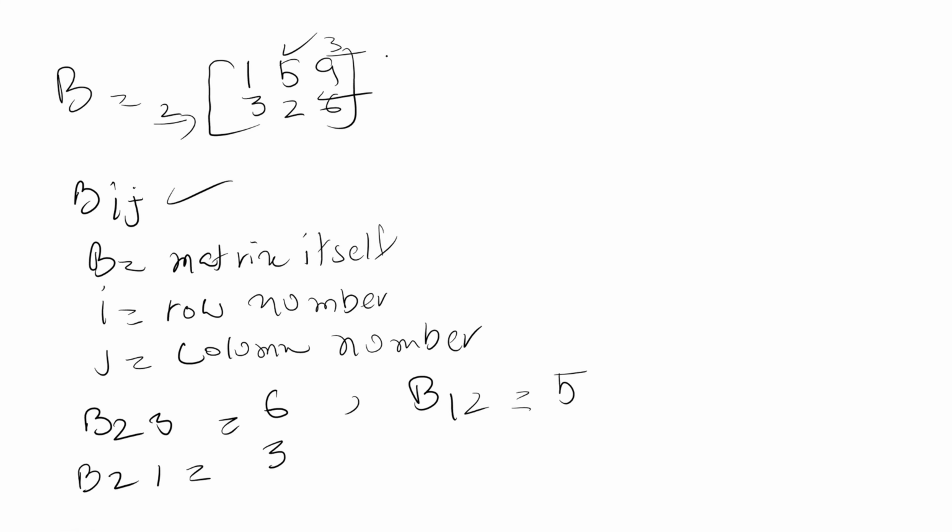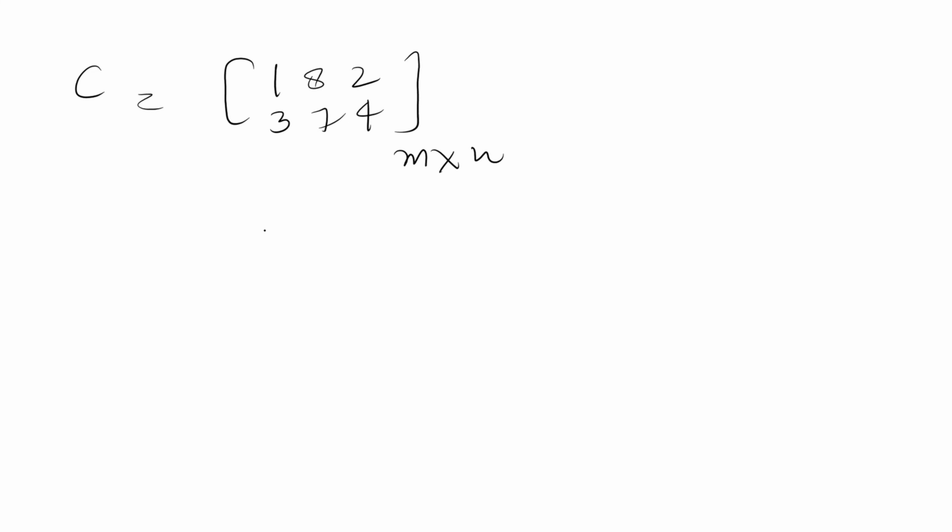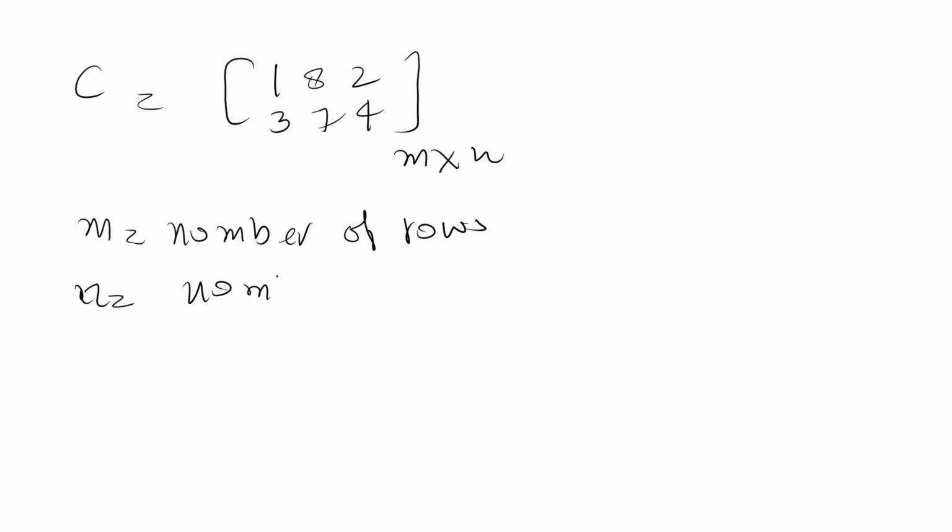Now the shape of a matrix. Say we'll take another matrix here, C, 1, 8, 2, 3, 7, 4. Now the shape of a matrix is given by M cross N, where M is the number of rows and N is the number of columns.